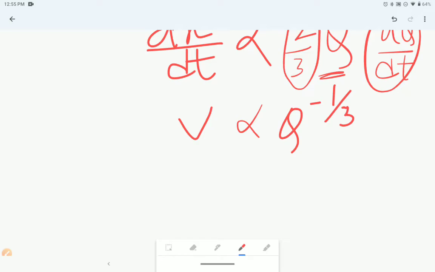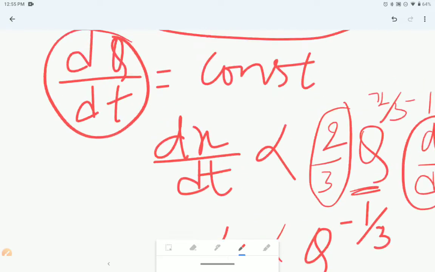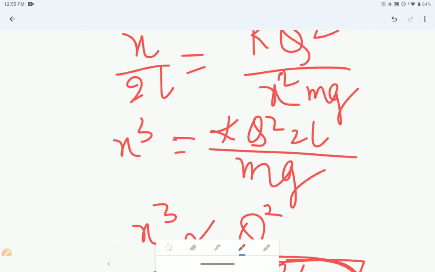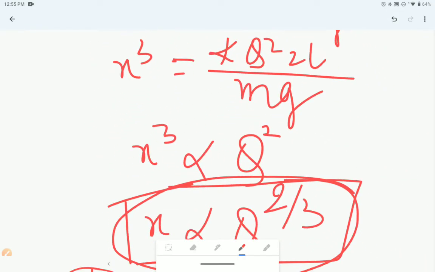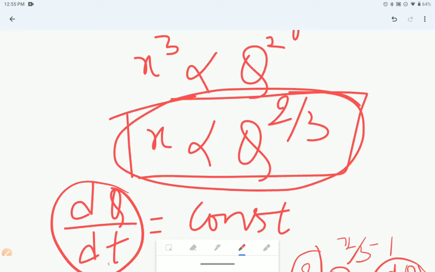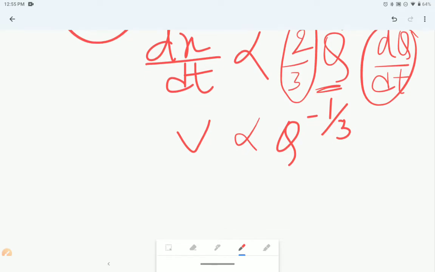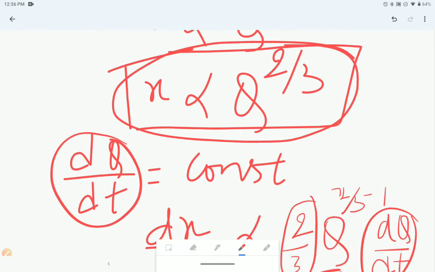But in the question we were asked to find the relation between v and x. Here we already found that x is directly proportional to q power 2 by 3. That means q is directly proportional to x power 3 by 2.